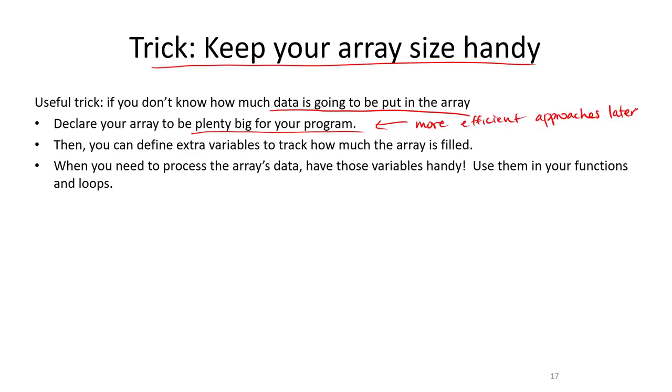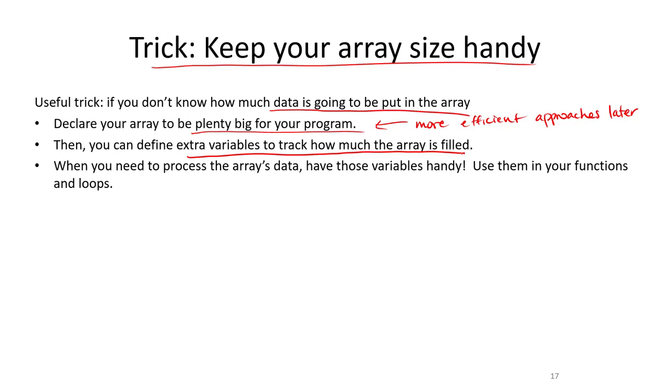For now, if you wanted to use an array and you weren't sure how much data was actually going to be stored in that array, what you can do is declare your array to be plenty big, make it 100 or 1,000 items big, and then declare and define an extra variable to track how much that array is filled.